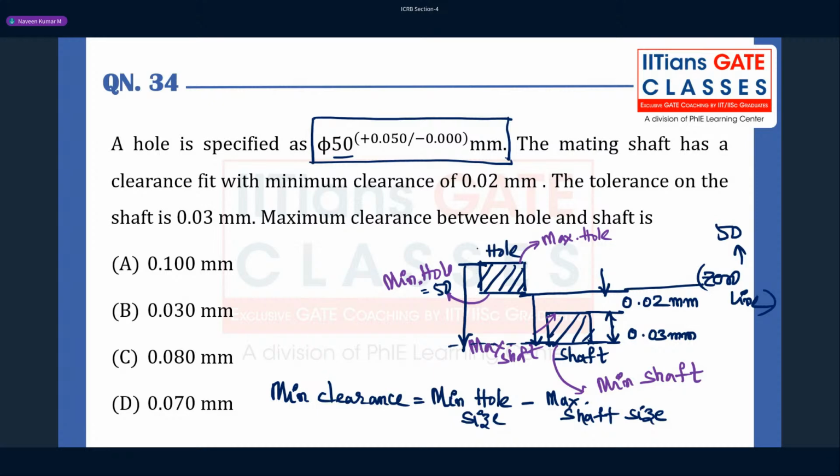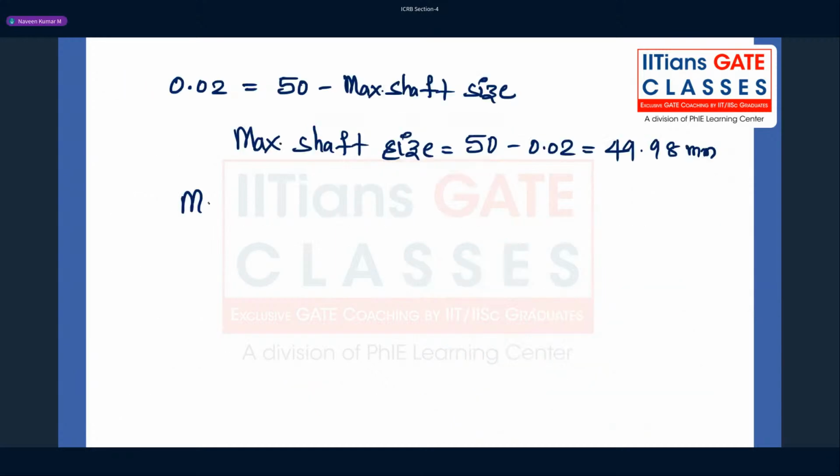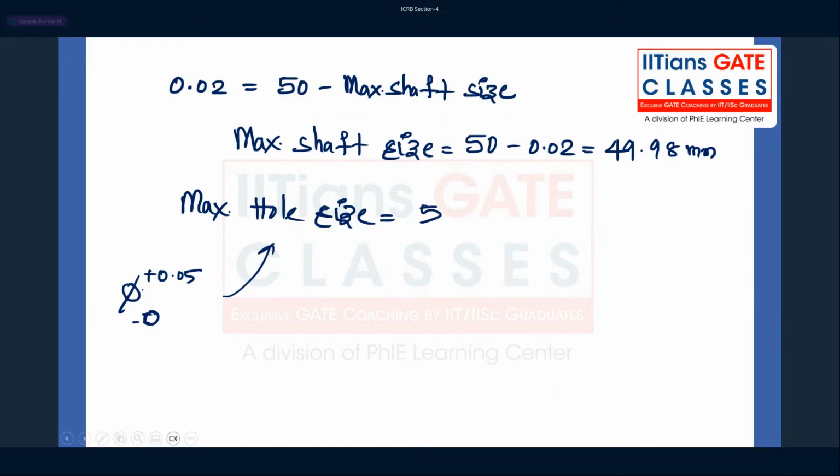Maximum hole size is nothing but 50 plus 0.05, because we can find it from here: the upper tolerance is plus 0.05 and the lower is 0. So the maximum hole size is 50 plus 0.05.